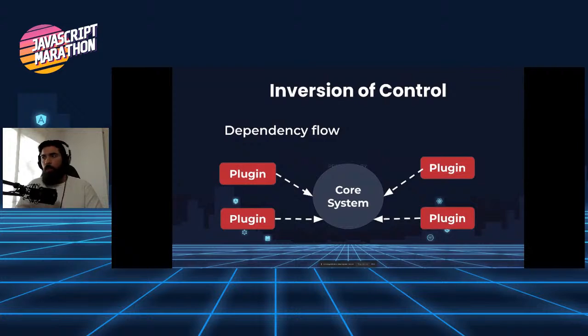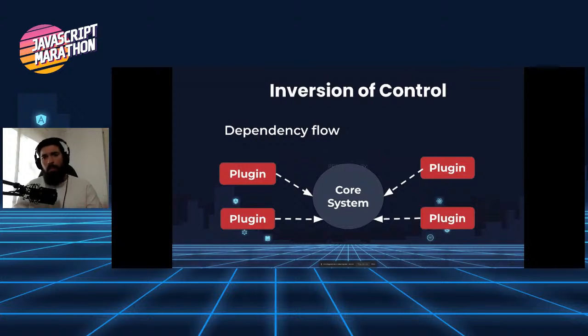In our case, it takes away from the core system, which will be like the main thread, or the main script of our application, library, or whatever we are building, the control of how the functionality that the plugins implement is executed and how they're instantiated. The instantiation will be part of the DI system, and the behavior will be part of the plugins.